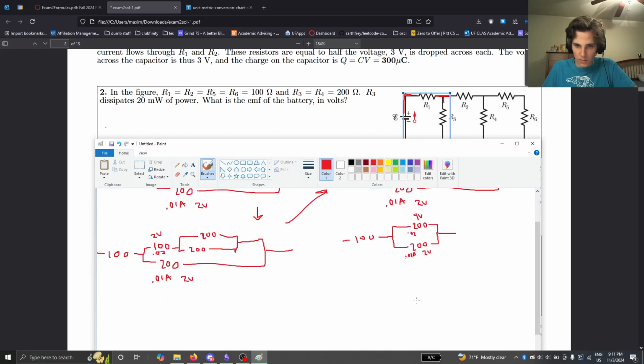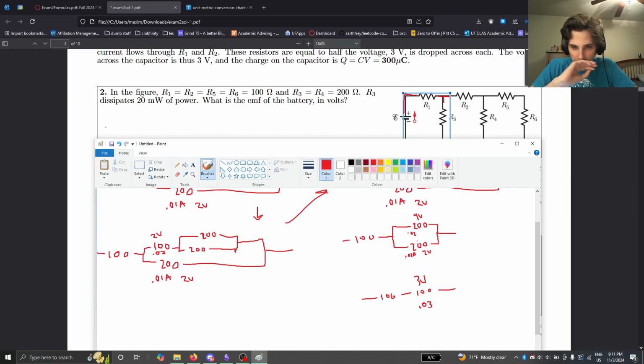Does that make sense? I don't know. And then 100, this can get put into a 100 configuration. Add the amps, 0.03 amps, or 3 volts.